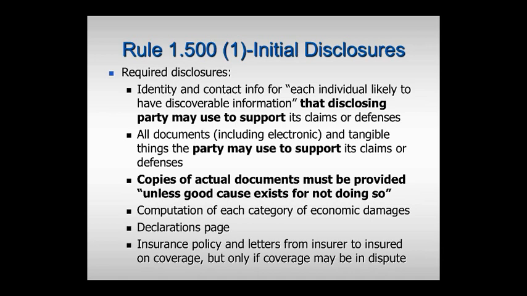Now, I can envision, of course, that there's content in those letters that would be protected by work product, and there's nothing in the rule that requires disclosure of that. The rule would be satisfied by producing redacted letters, but the point is to disclose initially your declarations page and any coverage disputes.